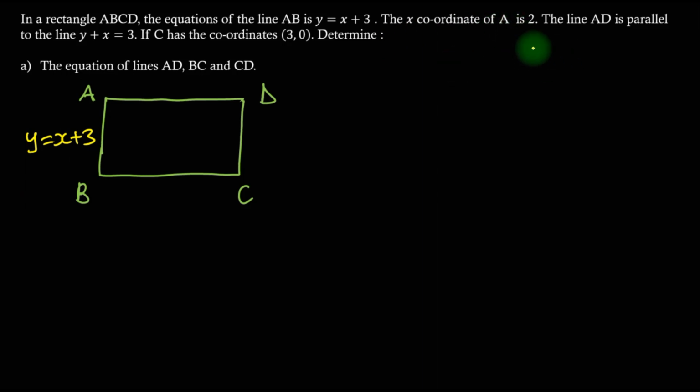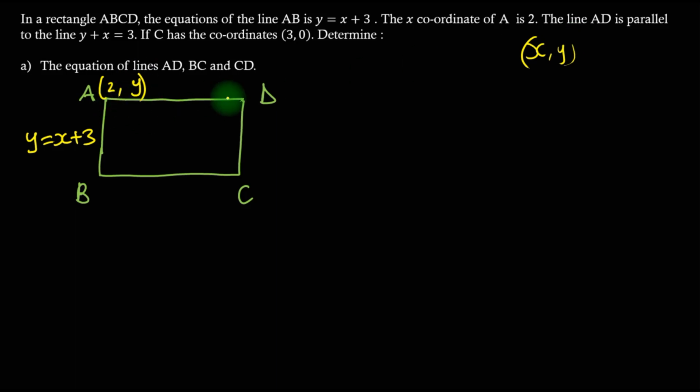Remember, we write points in the coordinate form (x, y). So x is 2 and we don't know y, so we use the letter y. So the coordinates of A are (2, y).